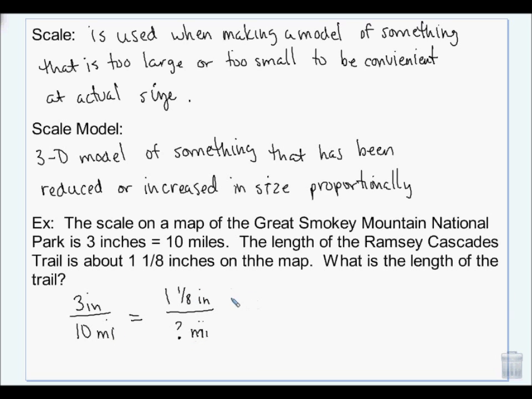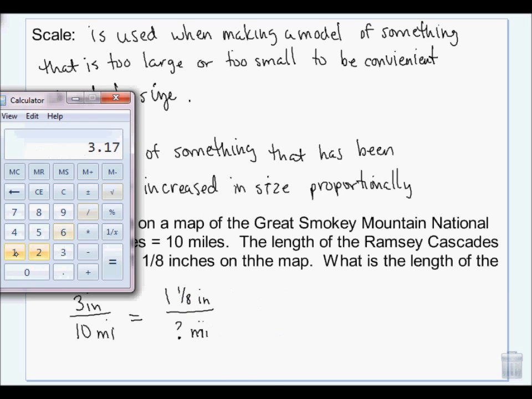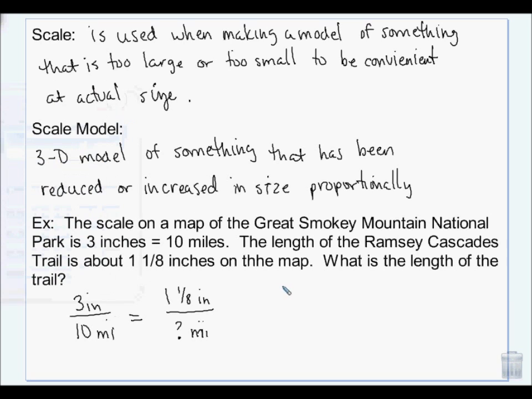Now to make this easier, 1 1/8 is kind of hard to work with, so I'm going to find out what the decimal is. 1 divided by 8 is 0.125. So I've got 3 over 10 is equal to 1.125 over x, because decimals are easier to multiply and divide.